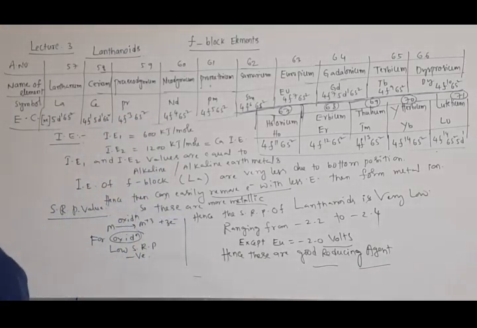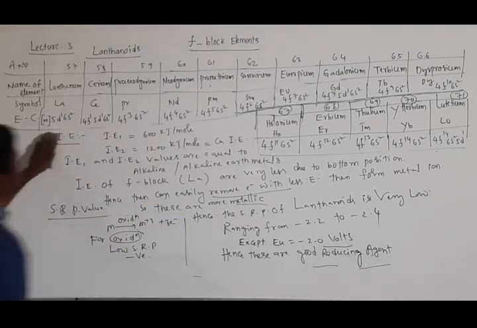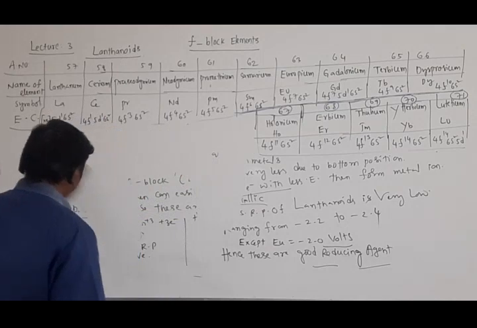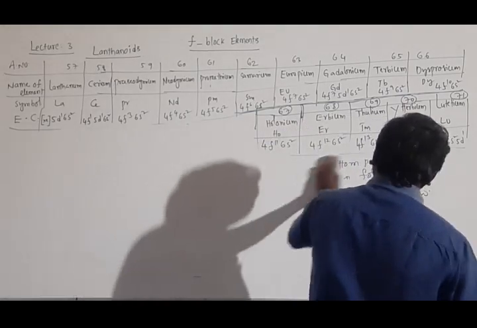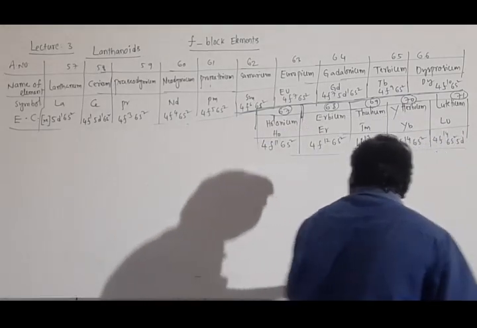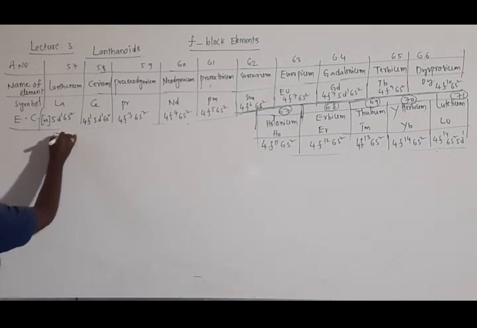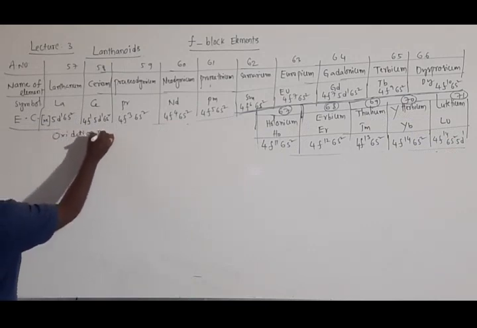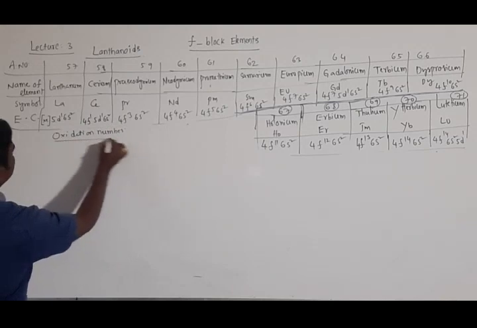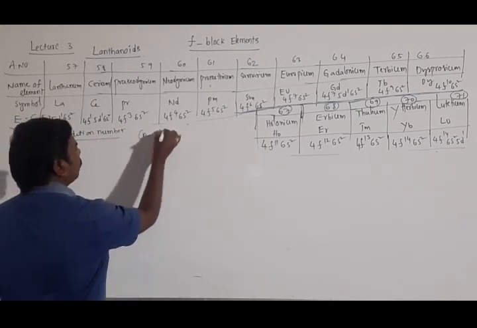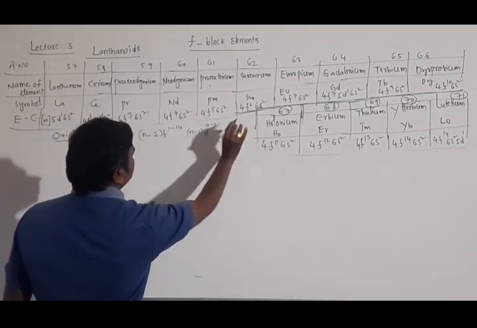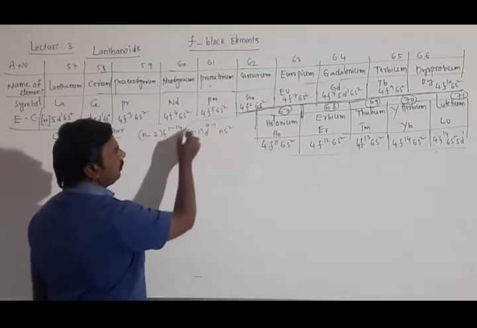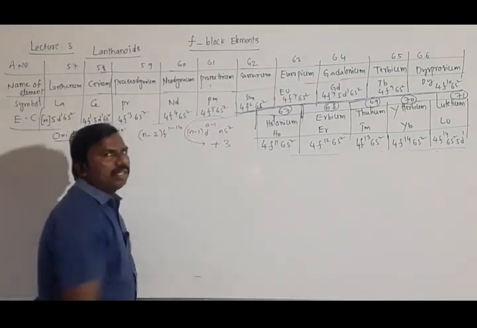The last property is oxidation number. Oxidation number of lanthanoids, yes, it is very, very important. Generally, if you observe clearly, the general electronic configuration is (n-2)f 1 to 14, (n-1)d 0 to 1, ns2. It means the 2 and 1 will be easily removed, so totally 3 electrons are removed.